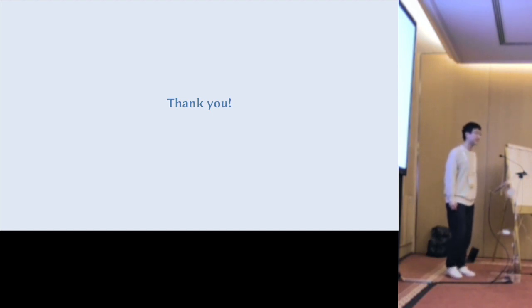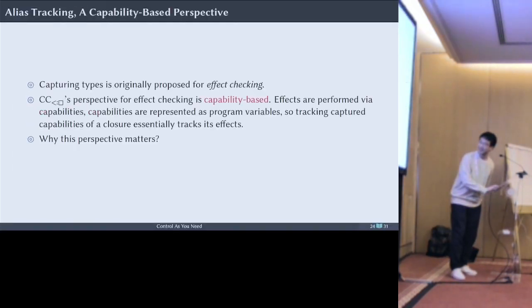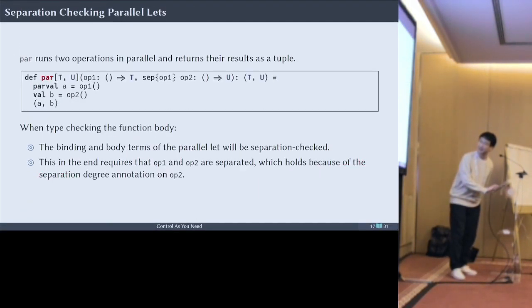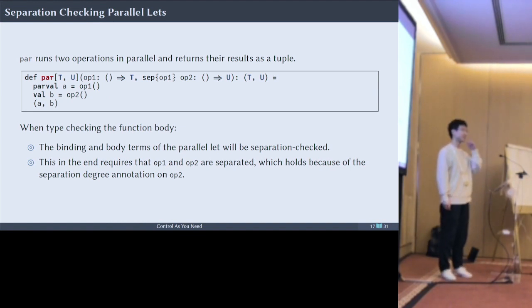So first of all, I have a technical question or a clarification. Could you show me slide 17? So there's a binding there, and you're binding value to A in op1, and I think you said the body is the whole rest of the function. Yes. But the rest of the function uses A, so it seems like it's not separated. What am I missing?